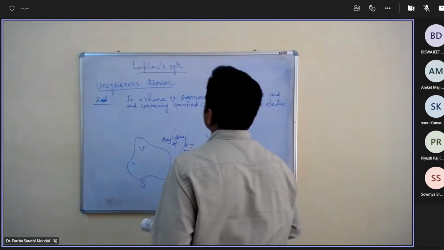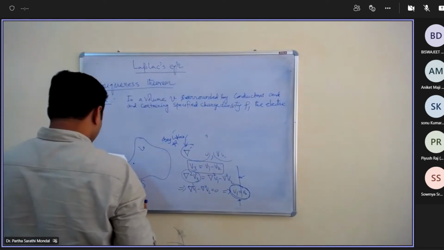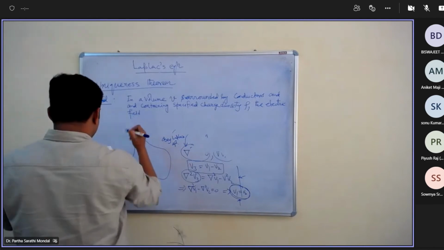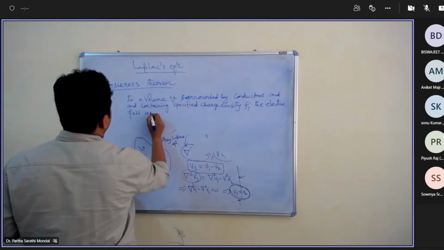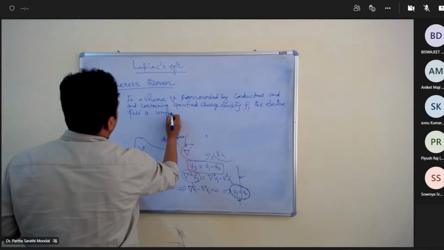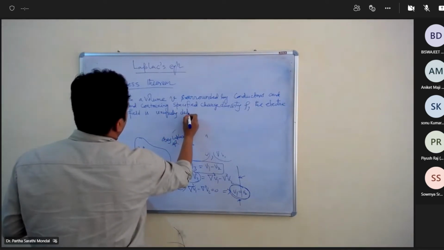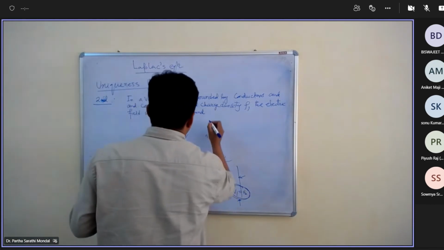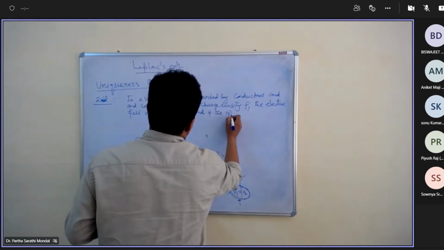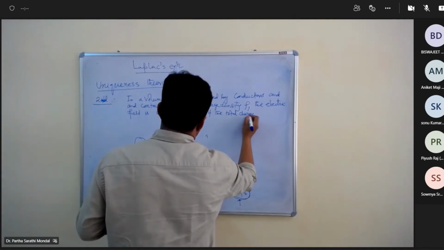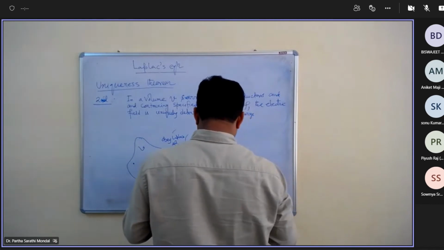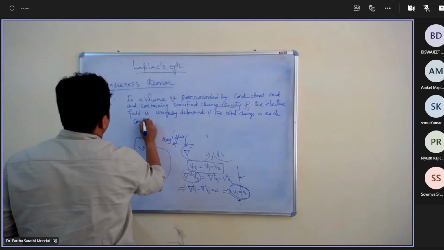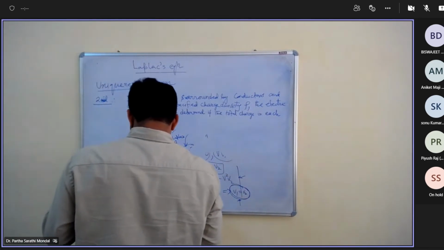Try writing this theorem in your own words, people love it. The electric field is uniquely determined if the total charge on each conductor is given.